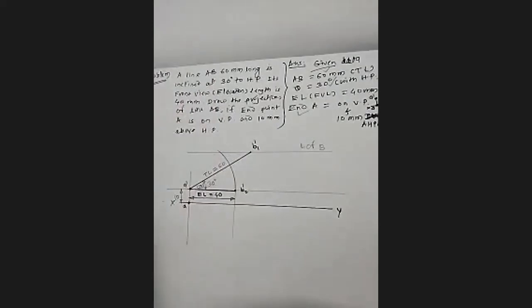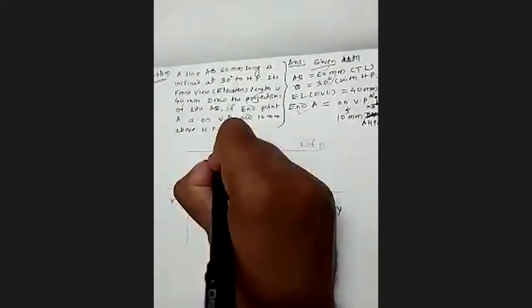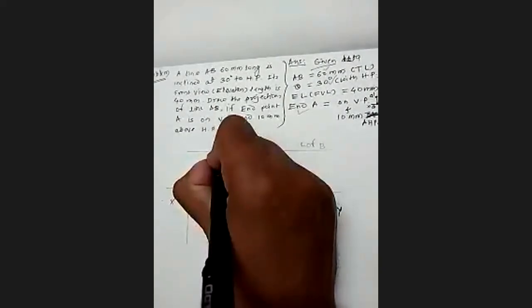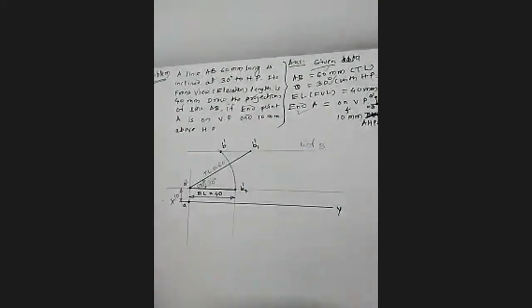Where it intersects this locus of B, you are going to get one point, and we can name this point B dash, right? This will be the point of your final front view.